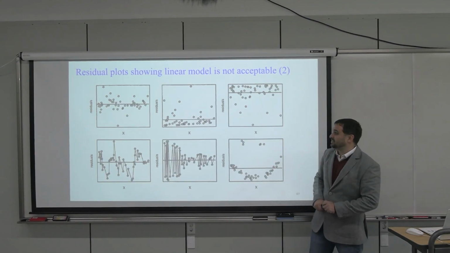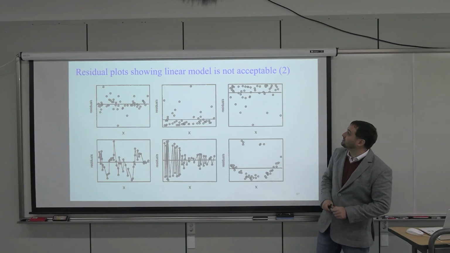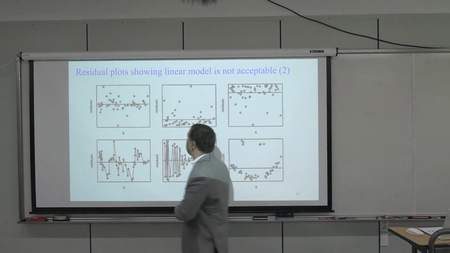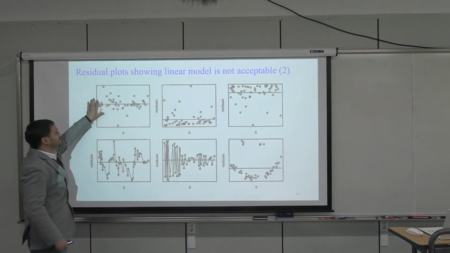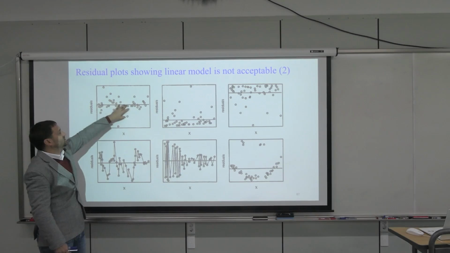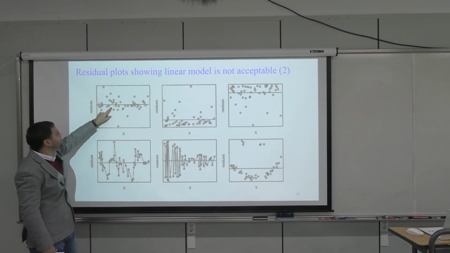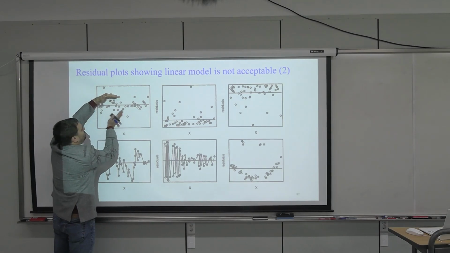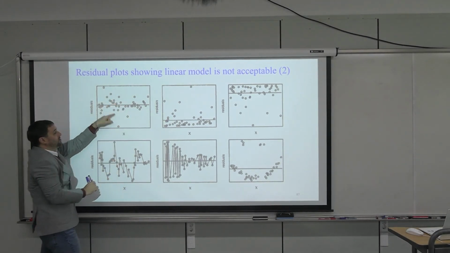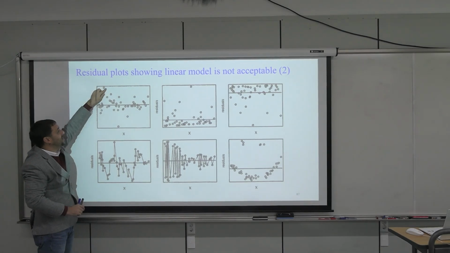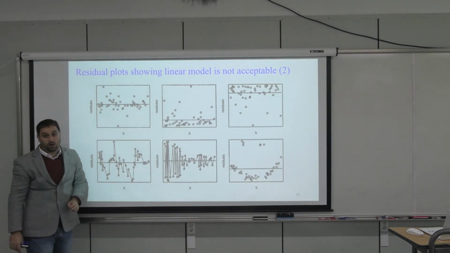So here are some other examples of where residual plots might be indicating the linear model is not acceptable. This plot here is sort of like in between. This is probably a good fit, but you notice the data is kind of close to the zero line, and you have a few of what are called outliers. Like this data point might be an outlier.